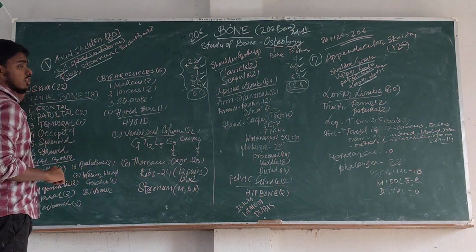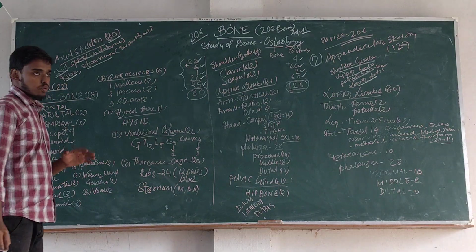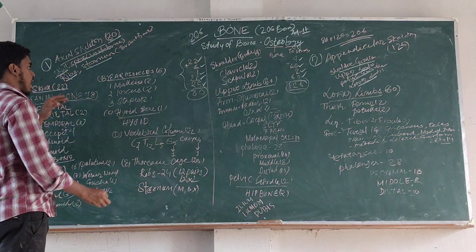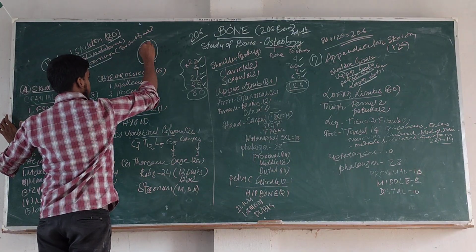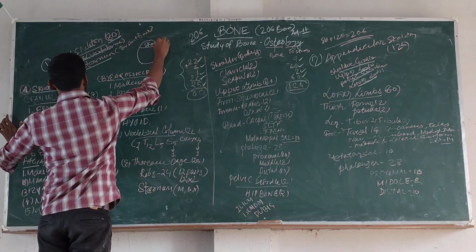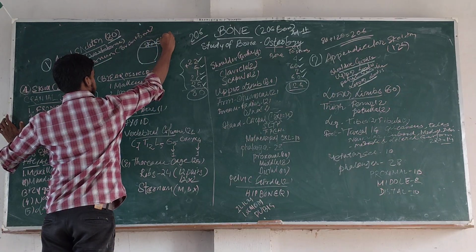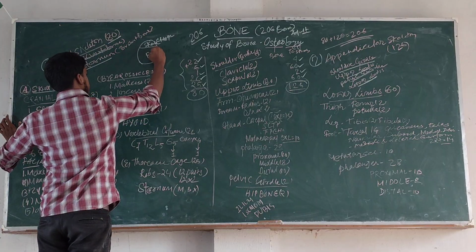So let us start. First of all, the skull. Skull has 22 bones, and in case of skull, this is skull or cranial bone, and these are facial bone.